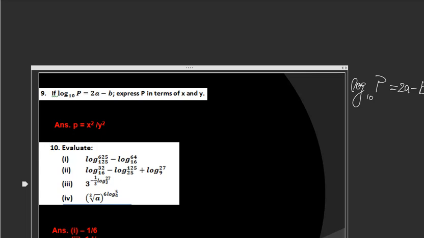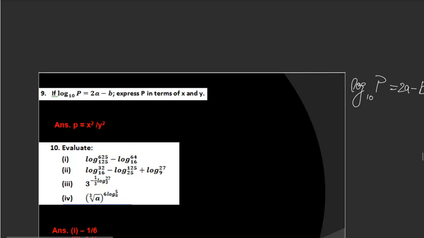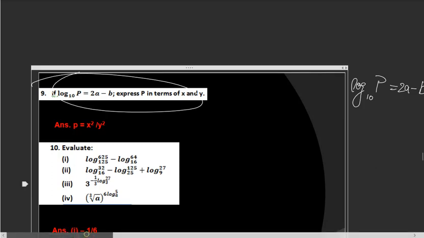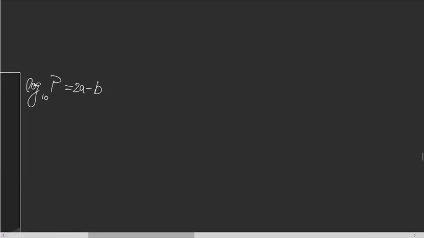Oh yes, I see the question, but it is not the same. Okay, so there is something wrong with this question. First of all, it is not part of the solved example, and second, it is part of an exercise, but I'm going to still solve it for you. Let me complete the question.